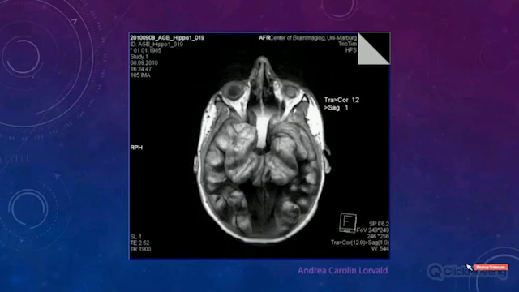So here is a piece of computerized work, digital artwork by Andrea Caroline Lorwald. And just notice if you can see what it is that is interesting about this piece of artwork. So when you get it, just type in the chat room what you notice that makes this interesting. Right, there is a walnut instead of a brain.